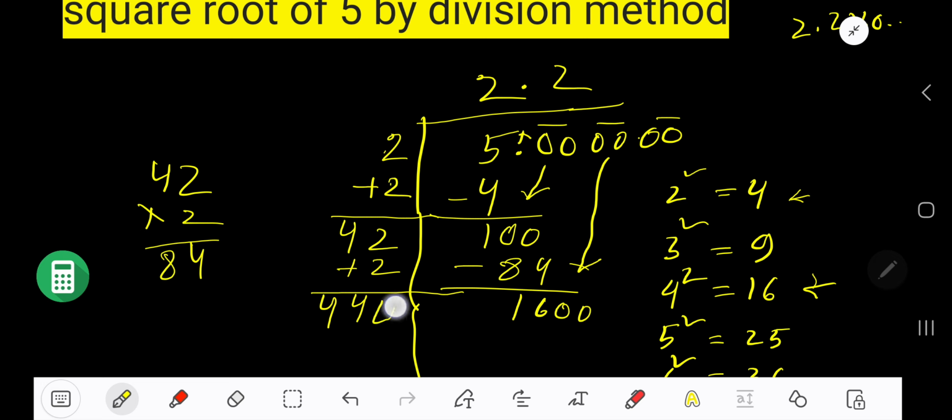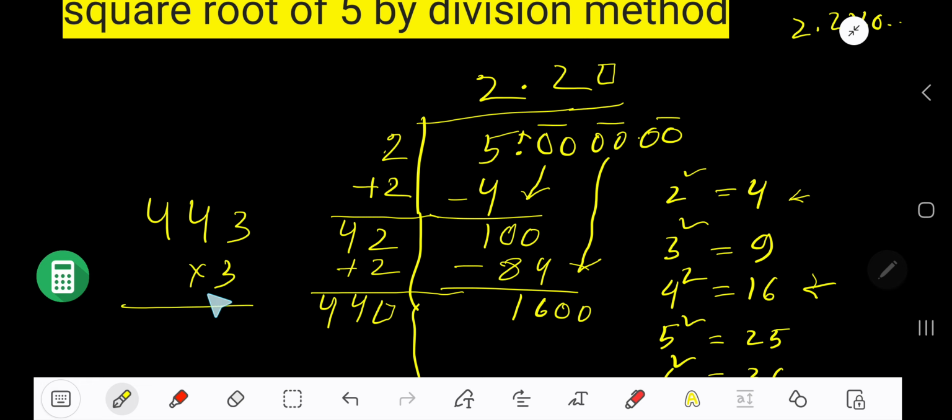Okay, now guessing a number here. Let's say the number is 3. Now multiply this. 3 times 3, 9. 3 times 4, 12. So carry 1. 3 times 4, 12 plus 1, 13.